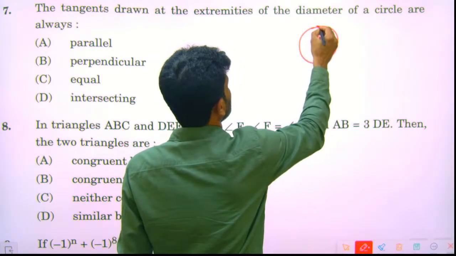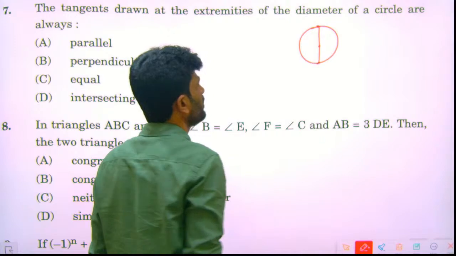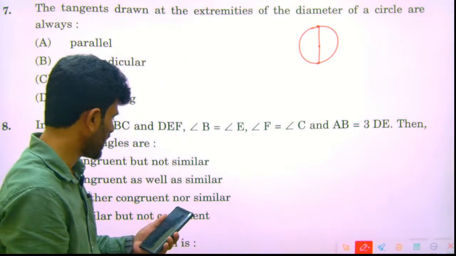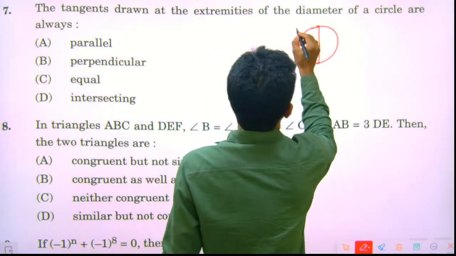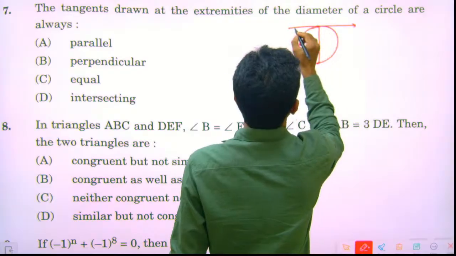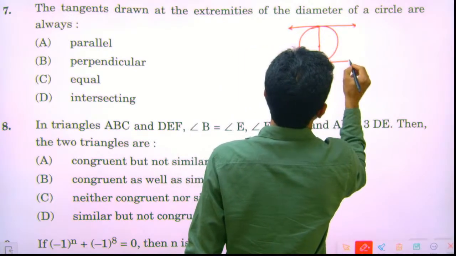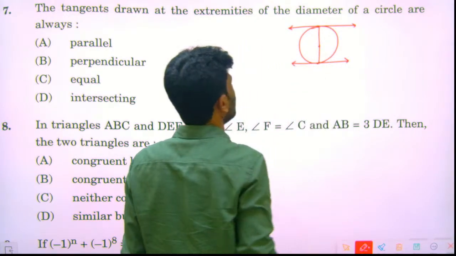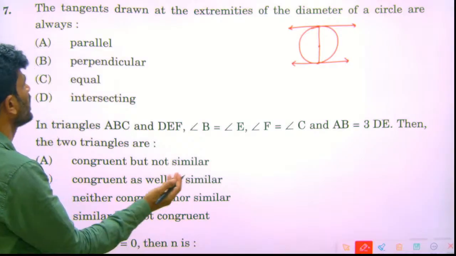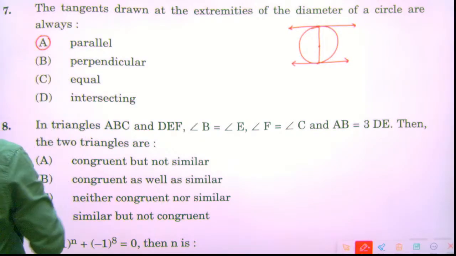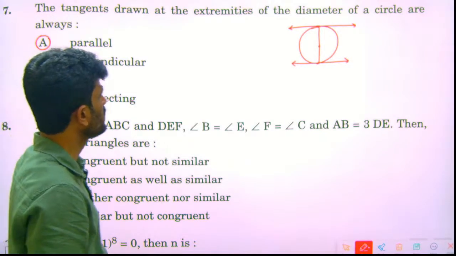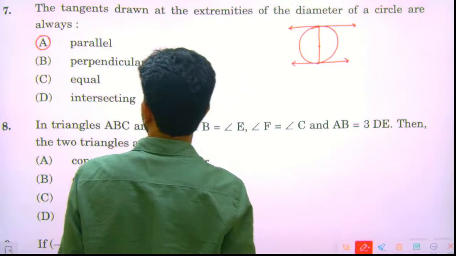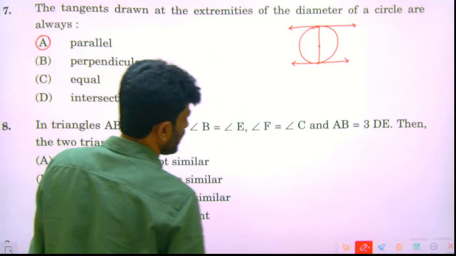These are the ends or extremities of the diameter. You have to draw the tangents at the extremities. This is one tangent. This is another tangent. Now we have to decide how they are. They are parallel. So option A is correct. Question number 7, option A is correct. They are parallel.